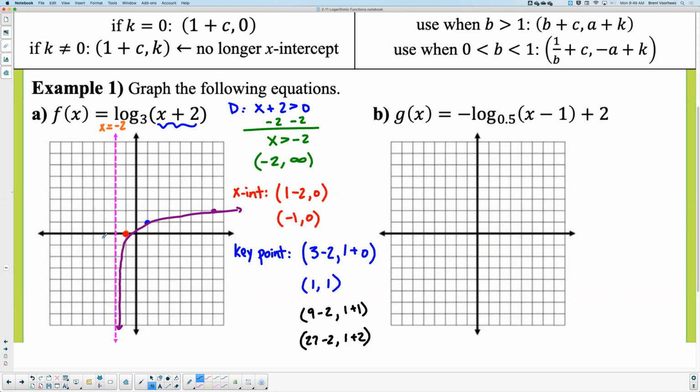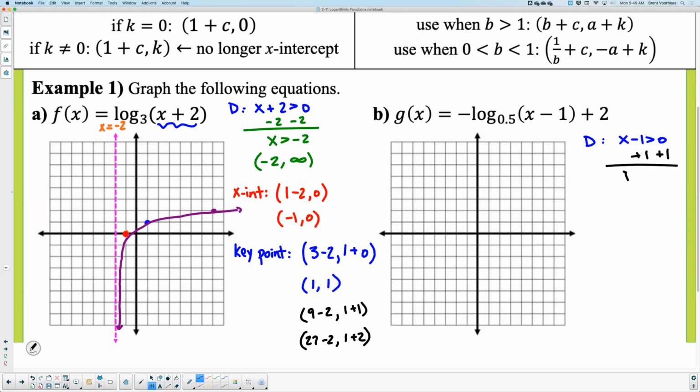I'm going to start with the asymptote. At the asymptote, all you have to look at is the inside. With a log, the input cannot be anything but positive, meaning it cannot be a non-positive number. So the way you would solve for your domain or your asymptote is you would say that x minus 1 has to be greater than 0. So how would I solve from there? You would add 1.